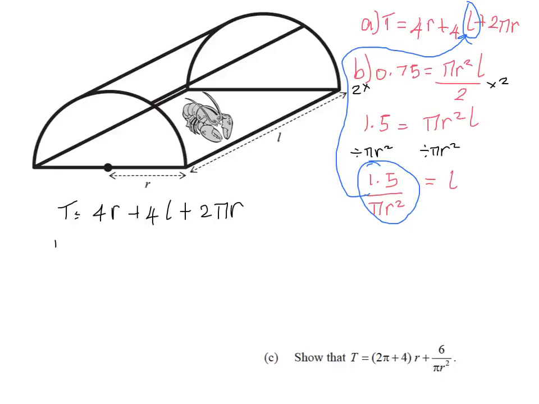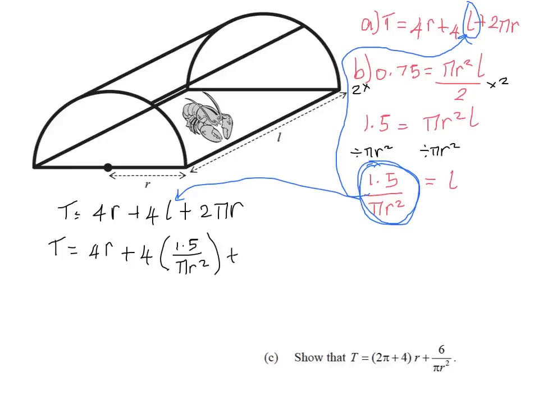So I'm going to say that T instead is equal to 4r, which I just rewrote, plus 4 times, and again, I'm taking this and I'm putting it in the spot where L is. So that is, let's say, 1.5 over pi r squared plus 2 pi r. So now we no longer have any L's.